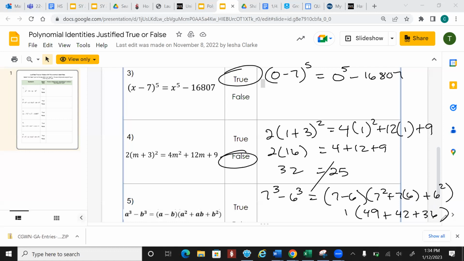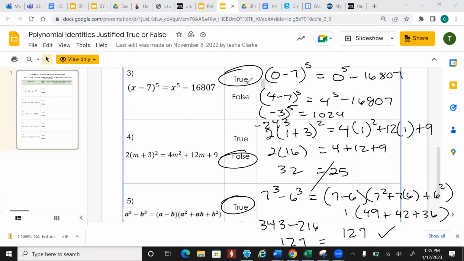When I add all that up, I get 127. Over here on the left, if I do 7 times 7 times 7, that's going to give me 343. And then 6 times 6 times 6, that's going to give me 216. If I subtract those two, that's going to give me 127 equals 127. So that's true.